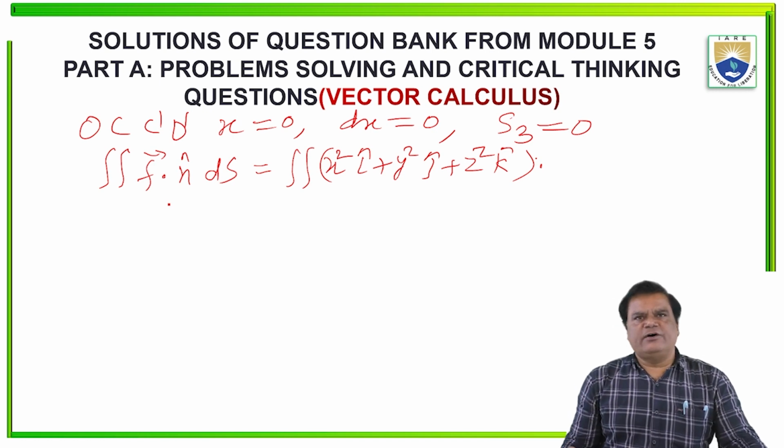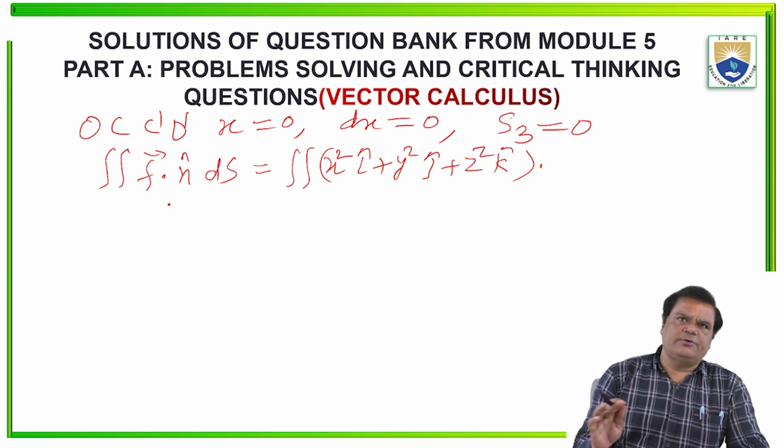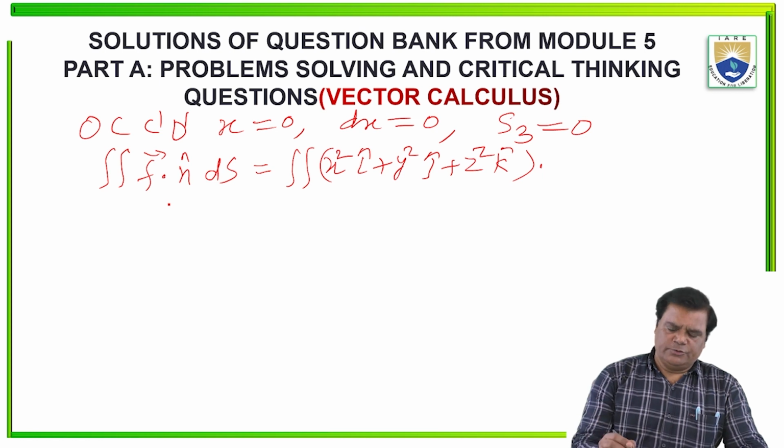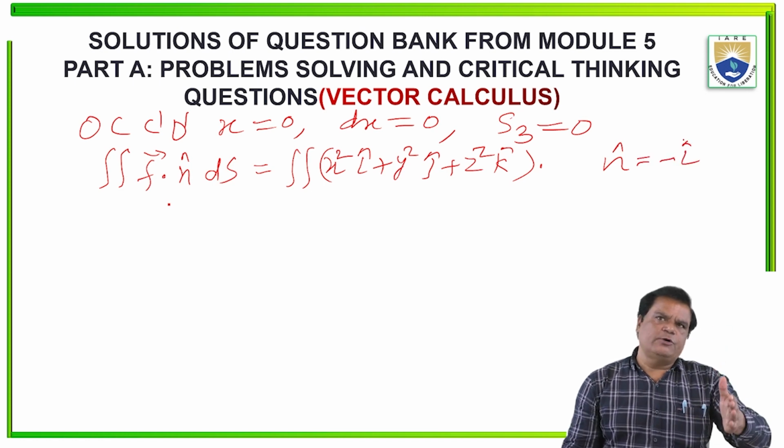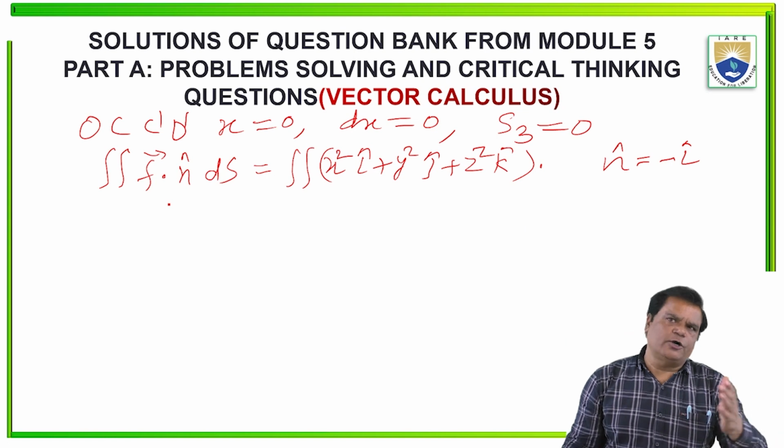What is n? The direction of n is i. So n is parallel to minus i, perpendicular to x, y, z, outwards.